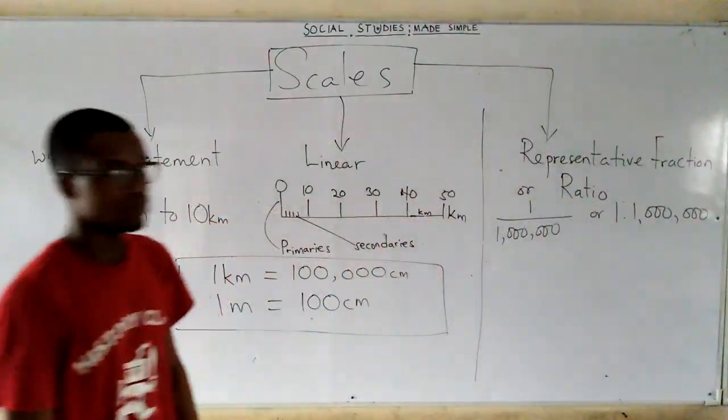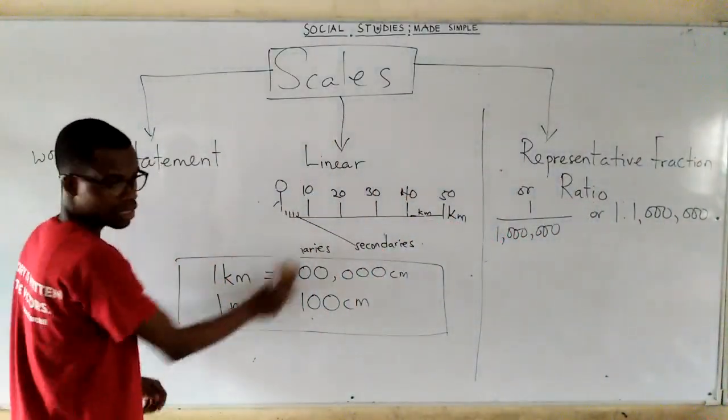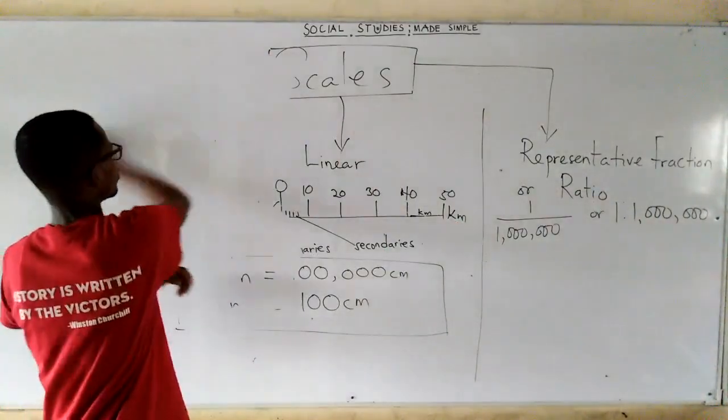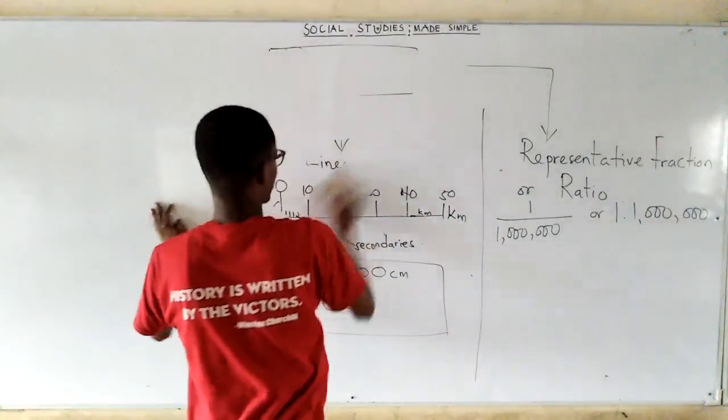Alright, so now that we've seen the types of scale, let's quickly go to angular mapping. So, bearings.